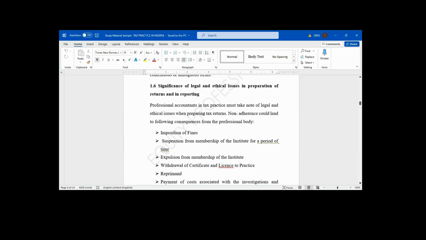Another one, expulsion from the membership of the institute. Some offenses, some ethical issues that you may go against, may warrant ICAN to expel you from their membership. Maybe we see in the newspaper that one of the professional tax consultants was caught in a rape act. And when ICAN investigates, truly you raped the lady.